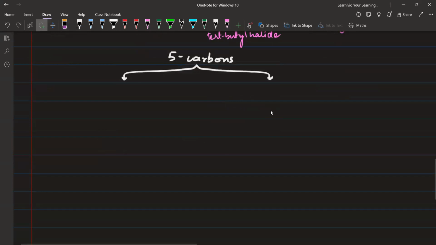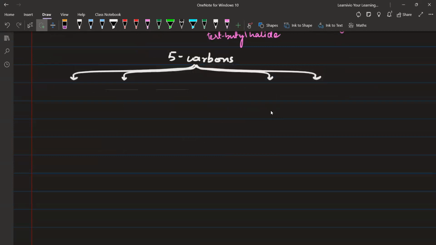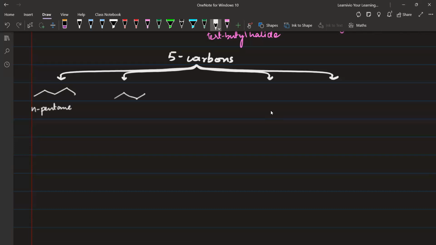One possibility is going to be simply this. This is normal, and this will be known as n-pentane. Then you can have something like this. This will be known as isopentane.